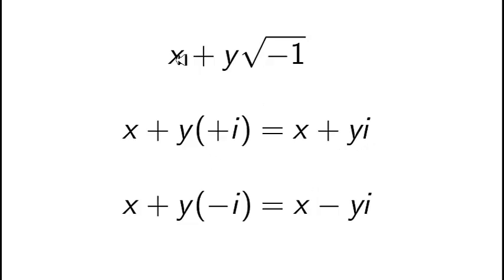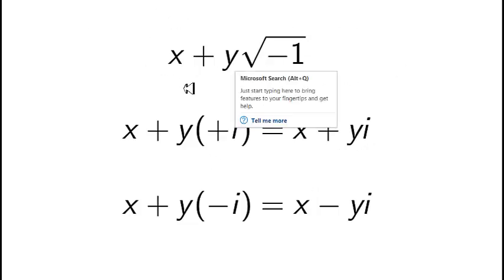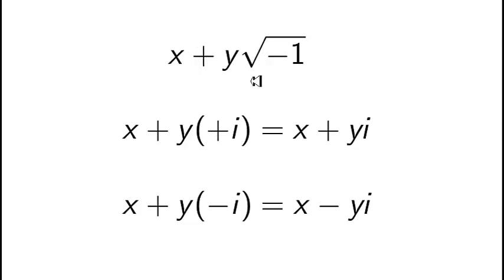This formula, x plus y times the square root of negative 1, is equal to x plus y times positive i and x plus y times negative i, where i is the identity of the imaginary numbers. This is the intermediate step that they usually don't write, that Euler didn't write in that paper.